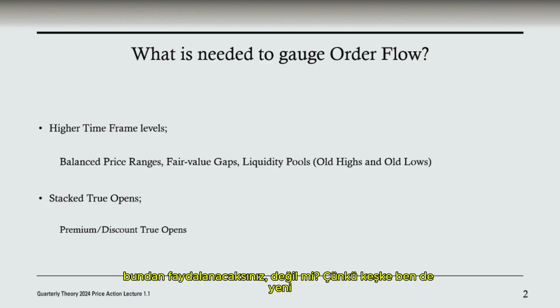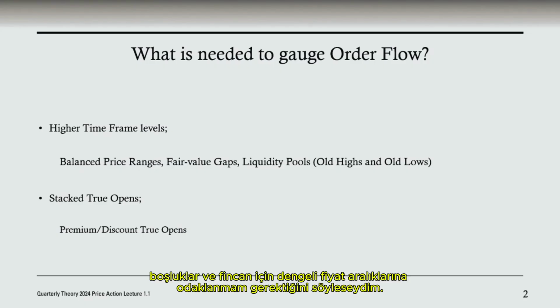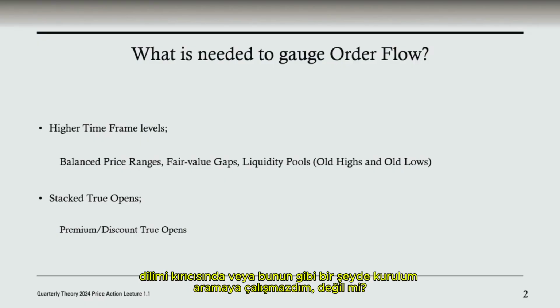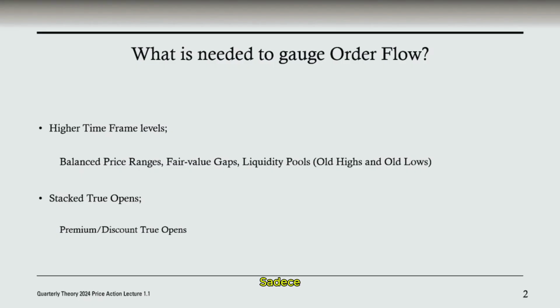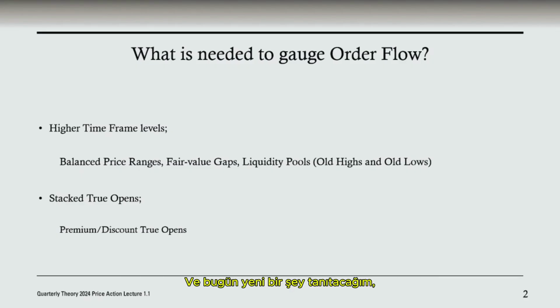Because I wish that when I just started out, I got this advice that I should just focus on balanced price ranges, fair value gaps, and liquidity pools. I wouldn't be trying to find a setup within a higher time frame order block, or a higher time frame breaker, or anything like that, right? I'll just be focused on balanced price ranges, fair value gaps, and liquidity pools.